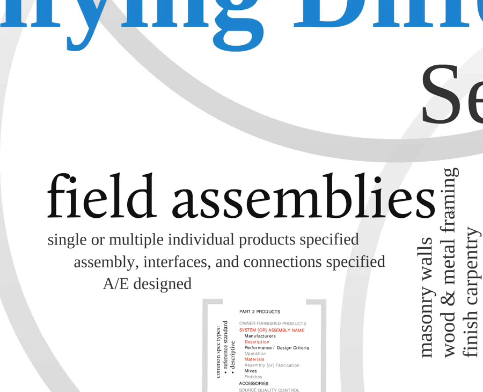It really takes a lot of effort on the part of the designer to ensure that the interfaces and the connections are specified or shown on the drawings to make sure that all of these assemblies are actually functioning as they should and functioning with the surrounding materials that they're attaching to or interfacing with.